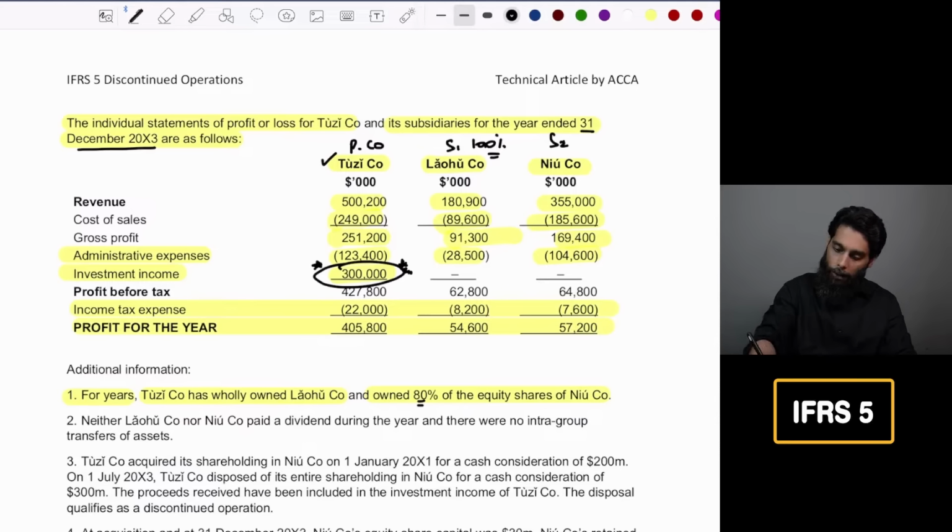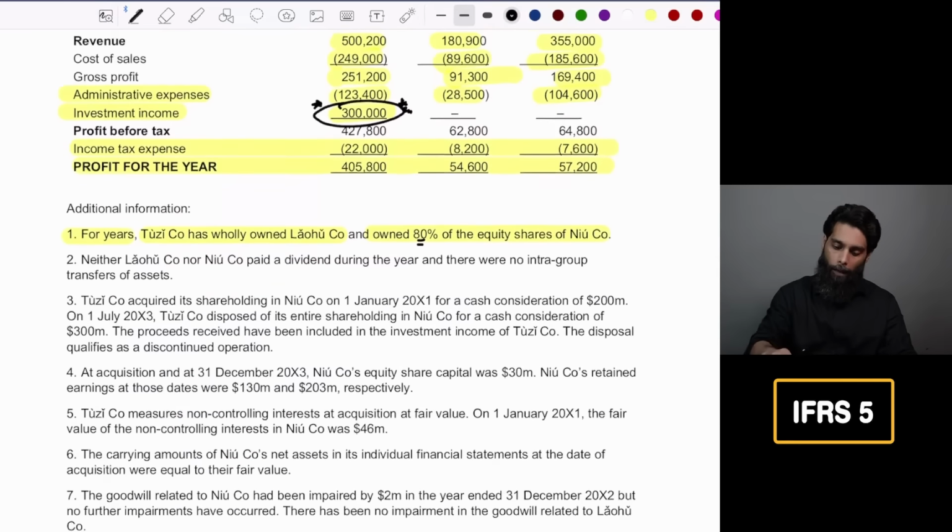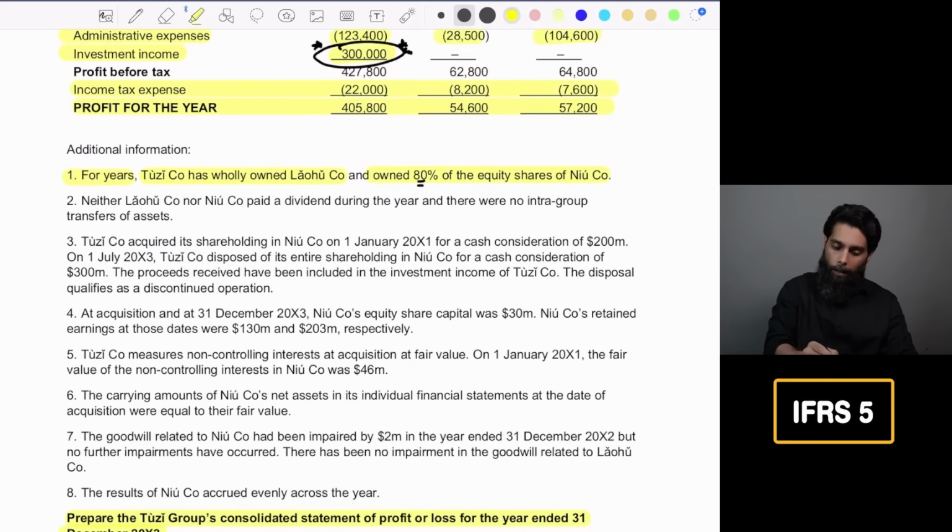So 80% holding in S2, and that does mean that NCI is 20%, right? So NCI is 20%. Remember that. Then your examiner says neither Lao nor Neo company paid a dividend during the year, and there were no intragroup transfer of assets. So there were no intragroup transactions that are in question, luckily.